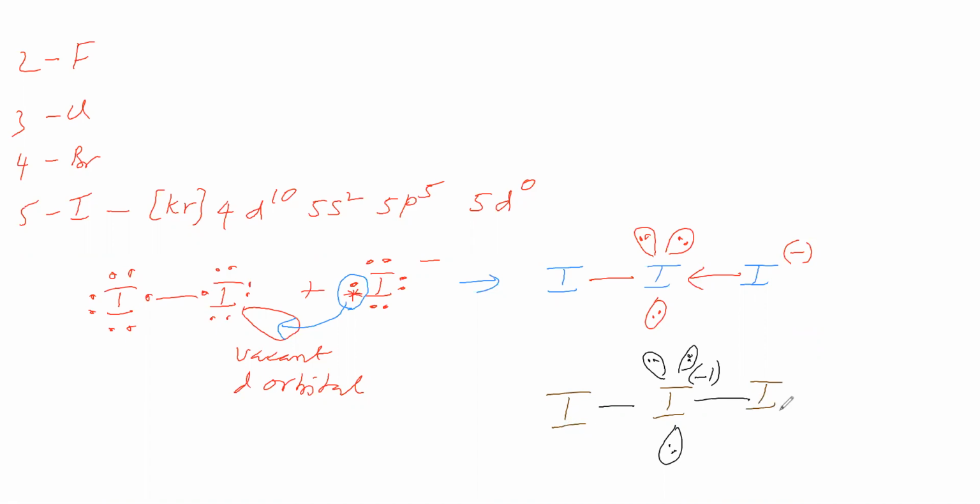Now what is the hybridization of the central atom? This central atom has 3 lone pairs and 2 bond pairs, totally 5 electron pairs. From these 5, 1 we give to S, since S has 1 orbital. 3 we give to P, because P orbitals are 3.